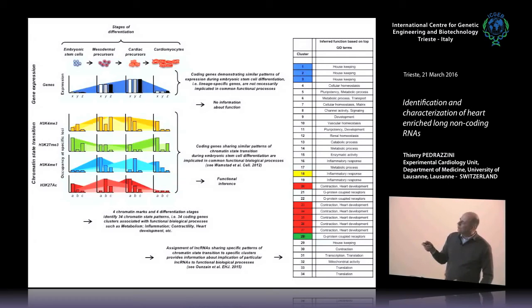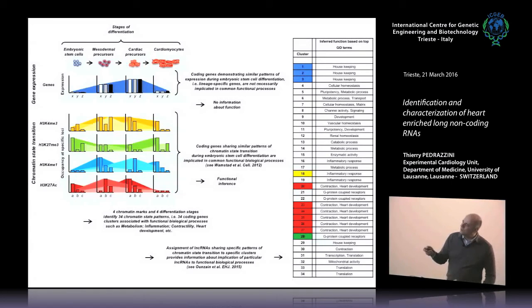What these authors have demonstrated, in a very important paper, is that if you consider the chromatin marks that are associated with each gene during differentiation, then you can define patterns.